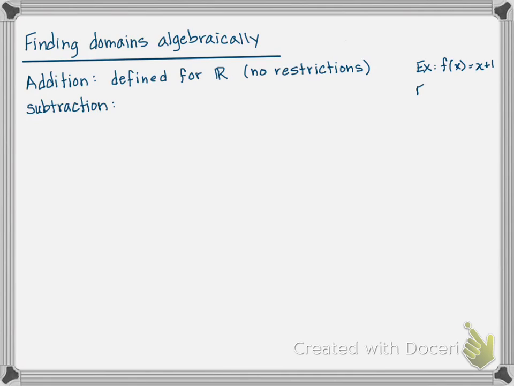What if I had a function like f of x equals x minus 1? Any restrictions there? I can subtract 1 from a negative, right? And 0, and a positive. So again, no restrictions. It's defined for all real numbers.